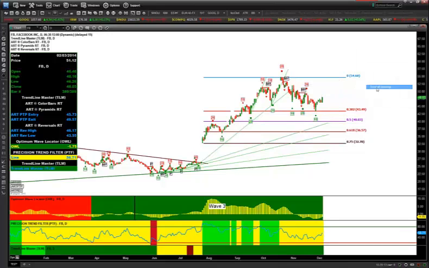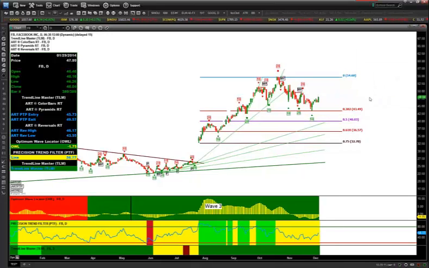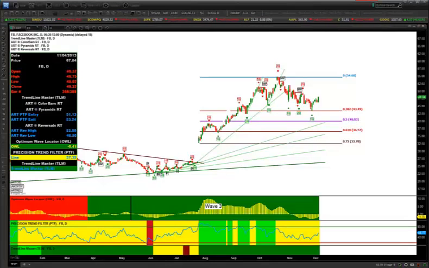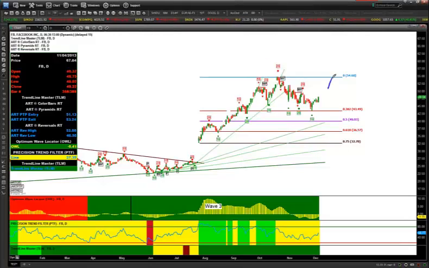So you'd be in pretty good shape at that point, but you're not going to know until that happens. But you have to weigh out the fact that you're risking 2% and go with the probabilities. Okay, and there are times when there are two alternate wave counts and you just need to realize that you may be wrong.